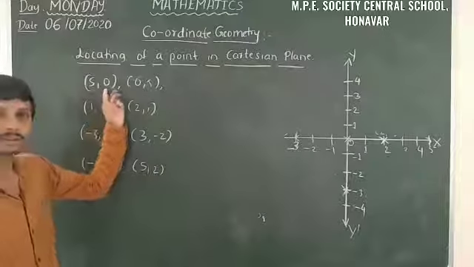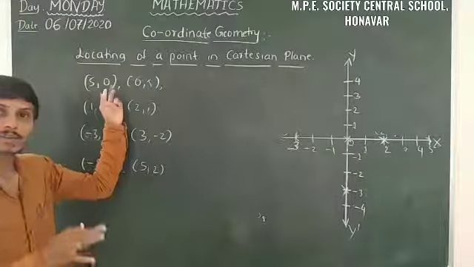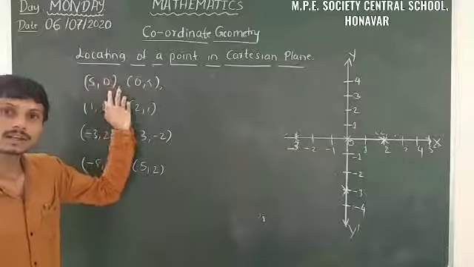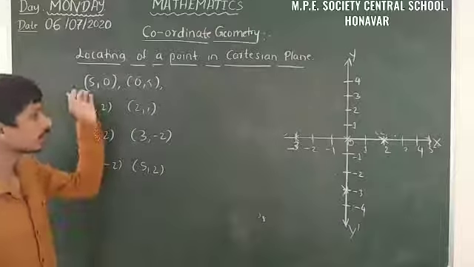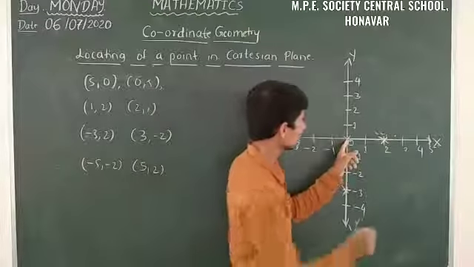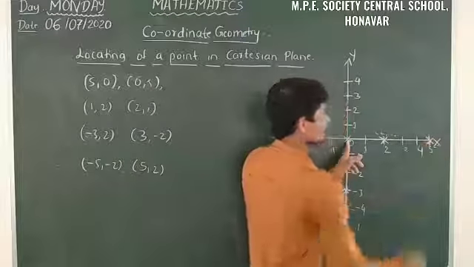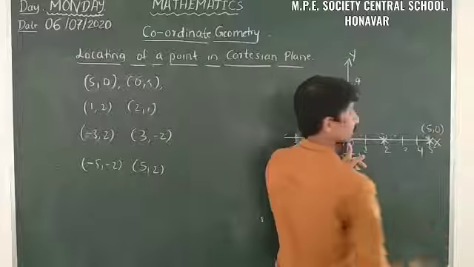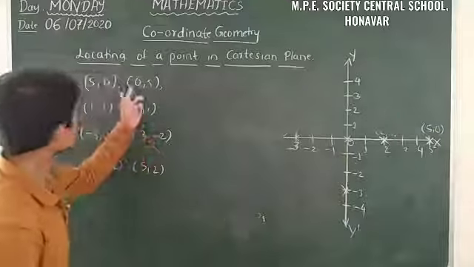It has an x-coordinate but no y-coordinate, so the point is always located on the x-axis. We take the point here, that is (5, 0).